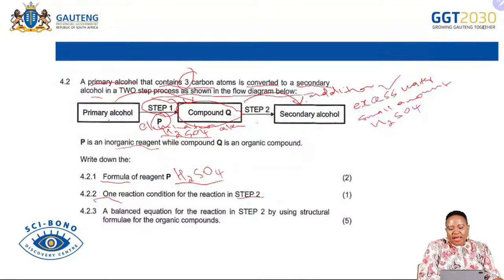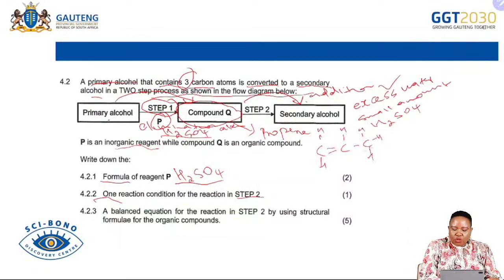Why will it be a secondary alcohol? Remember, the alkene that will be forming at Q is going to have 3 carbons, and it's going to be propene. So how does propene become a secondary alcohol? Propene: C double bond C, C, H, H, H. What is going to happen to it?